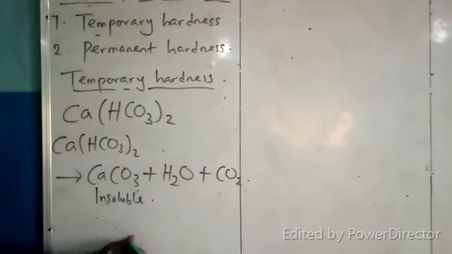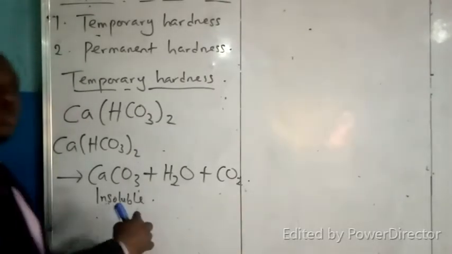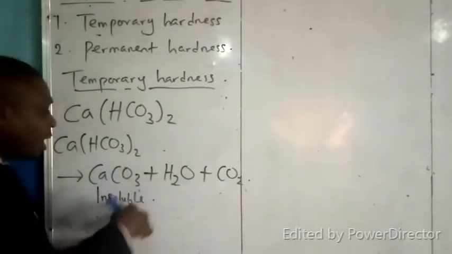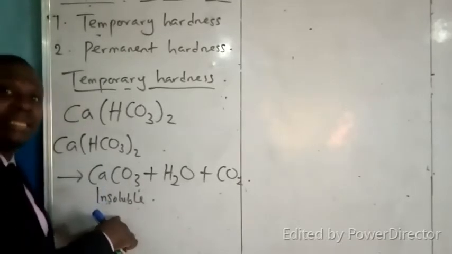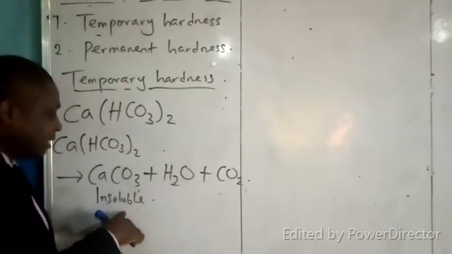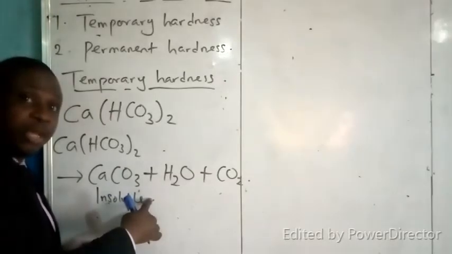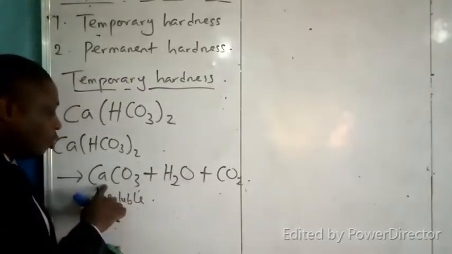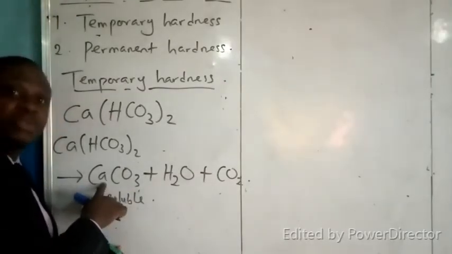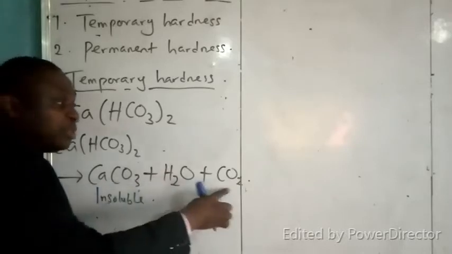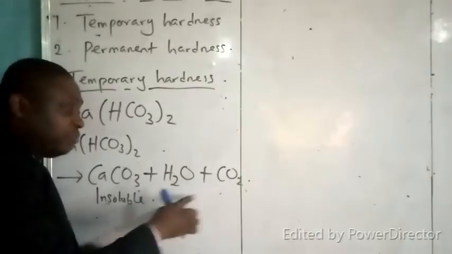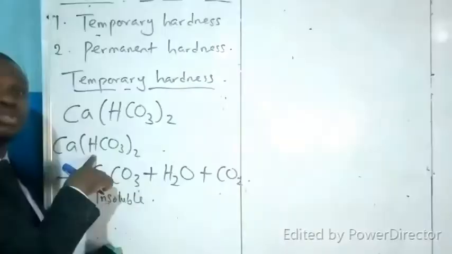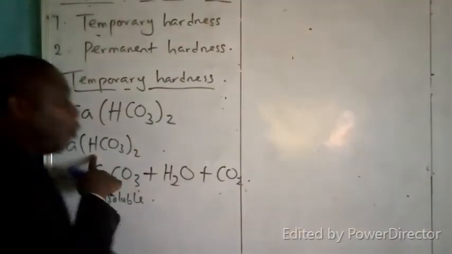If you recall, this was what I explained when water acquires its hardness when it is dissolved from the soil. And remember, when it was dissolved from the soil, it was dissolved as calcium trioxocarbonate 4 with carbon 4 oxide dissolved in that water to give us the calcium hydrogen trioxocarbonate 4.